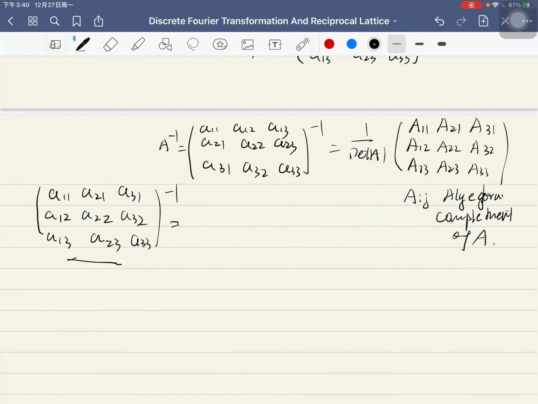So here, take the transposition, determinant A11, A12, A13.